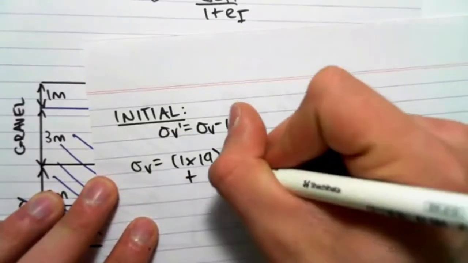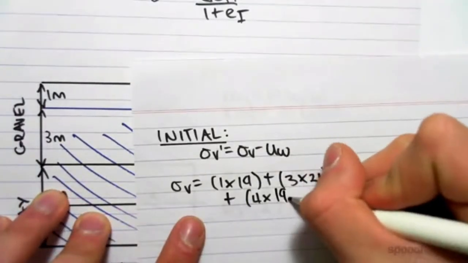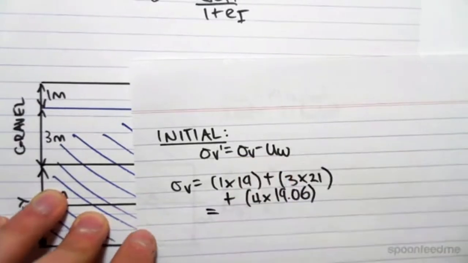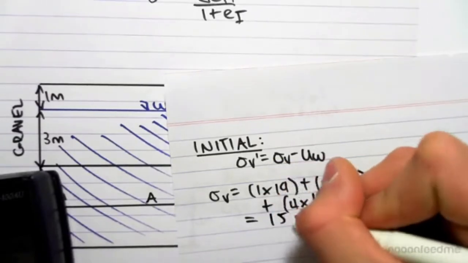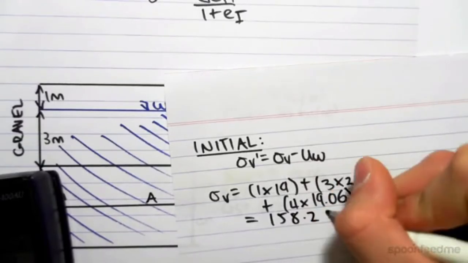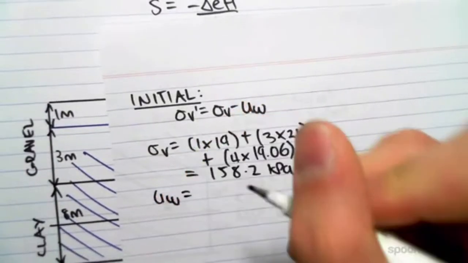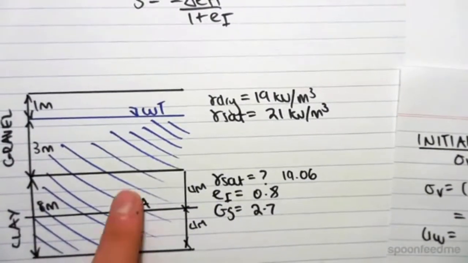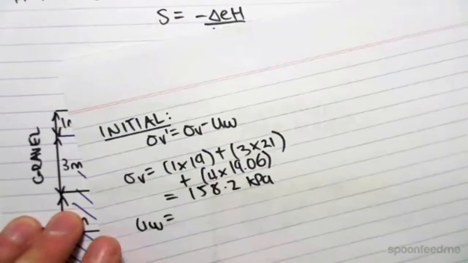So 4 by 19.06. If we work this out, 1 by 19 plus 3 by 21 plus 4 by 19.06 is 158.2 kPa. Now the pore water pressure. How many meters of water do we have? From below the water table, we have 3 plus 4, so 7 meters.